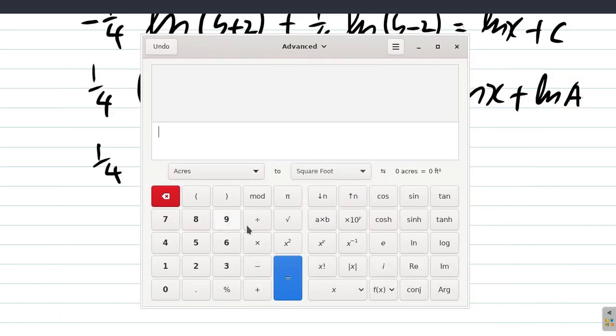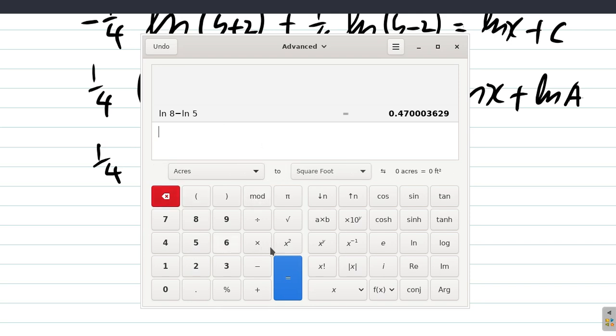Suppose you have ln 8, let's put the bigger number first, minus ln 5. What do we get? We get 0.47 and so on.